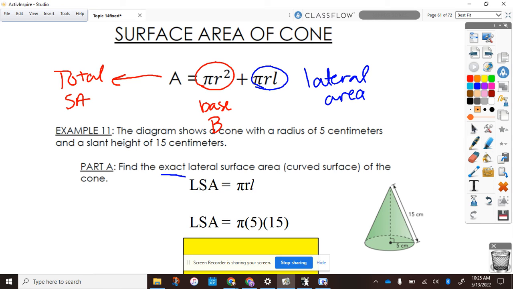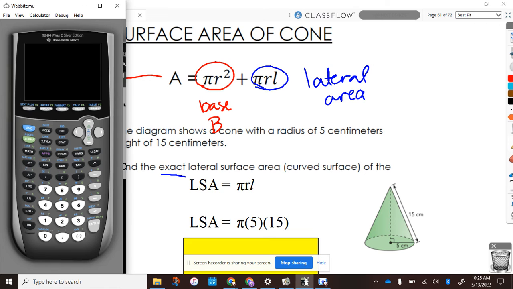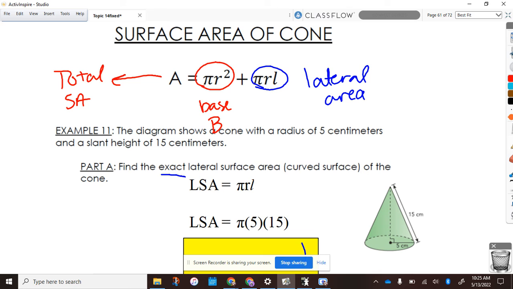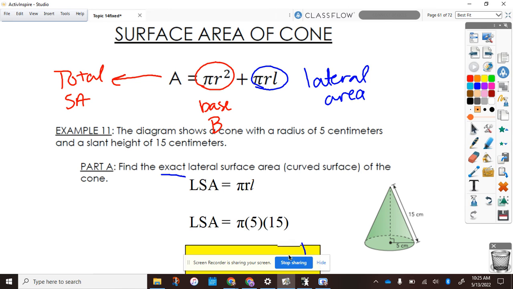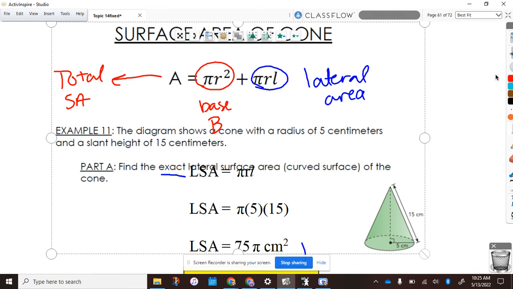The only thing we're actually going to use the calculator for is 5 times 15, which is 75. So 75 pi is what we're dealing with.